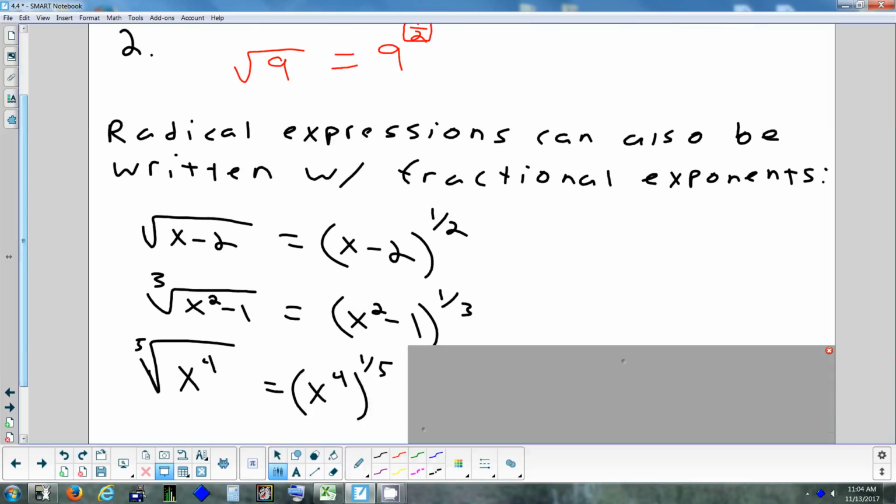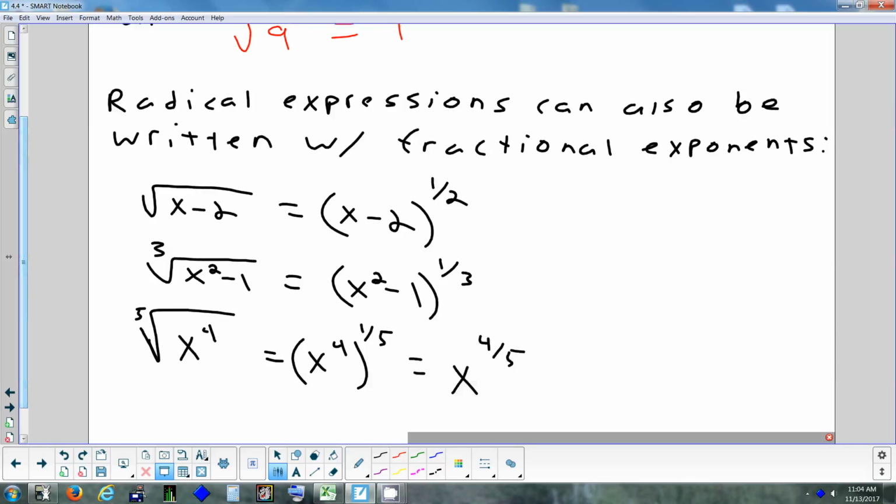You multiply them together. So if you have x to the 4th to the 1/5, power to a power, multiply 4 times 1/5, that's 4/5. So that's one reason why we might write something using an exponent instead of the symbol, because it allows you to simplify a little bit. Any questions on writing a root as a fractional exponent?